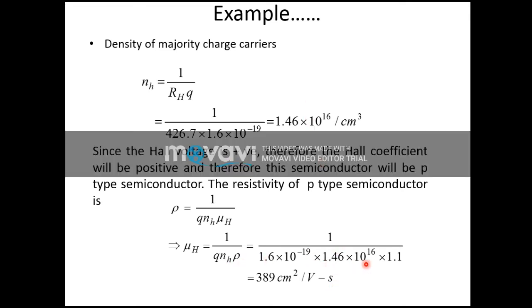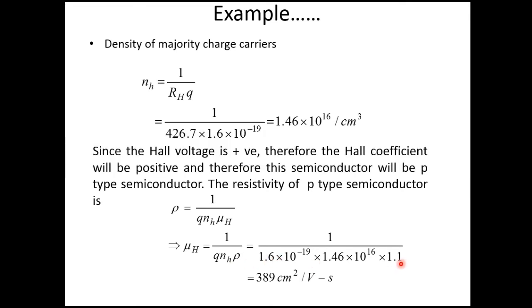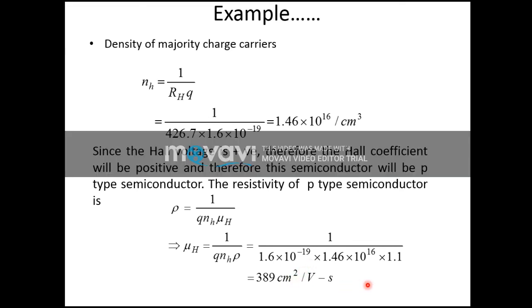So 1.46 into 10 power 16, and the rho is in ohm centimeter, so it is already given in ohm centimeters. So don't convert this into ohm meter, because we are doing the things in the CGS system. Okay, so when we solve this, we are getting this 389 centimeters square per volt second. So we got the Hall mobility over here.